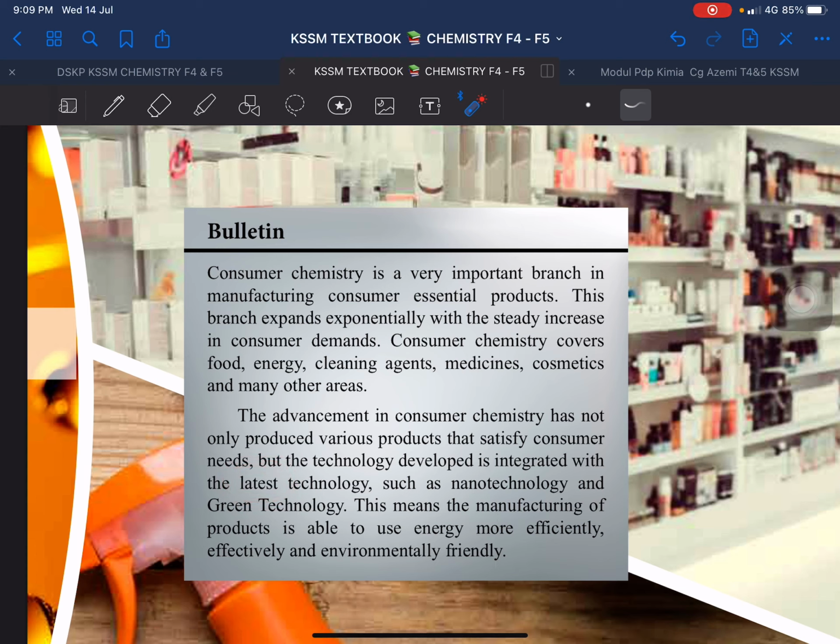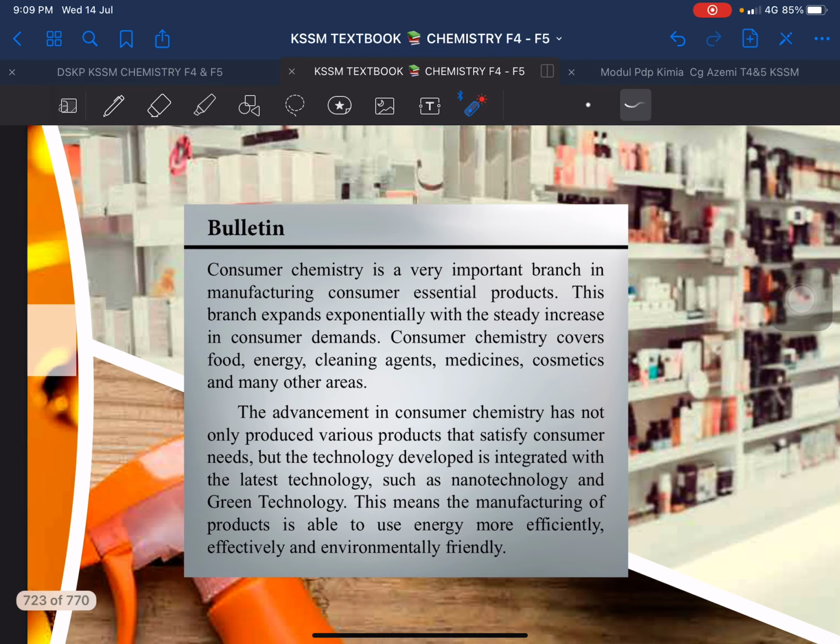Please go Google and read more about nanotechnology and also green technology. Jadi sesiapa yang berminat dengan kimia, okay, after this you might consider to enter UMS, ambil kimia industri. Okay, it's a very important branch dalam hidup pengguna kita lah.